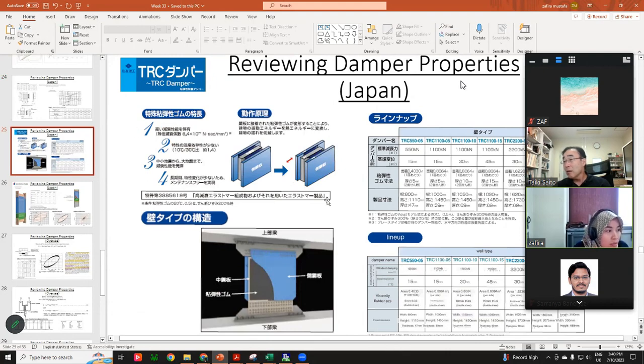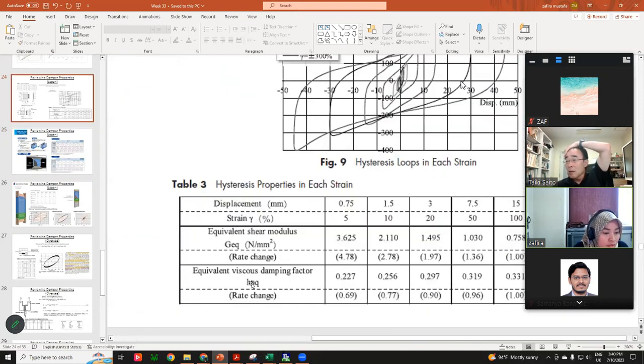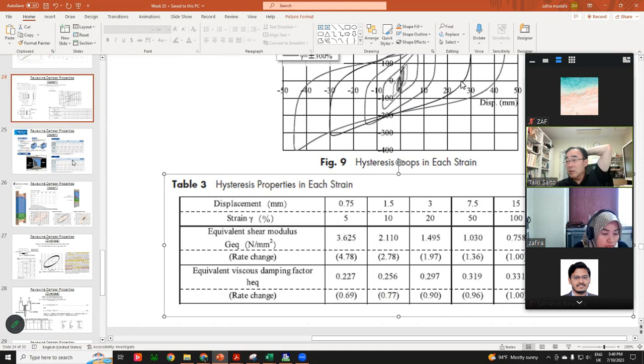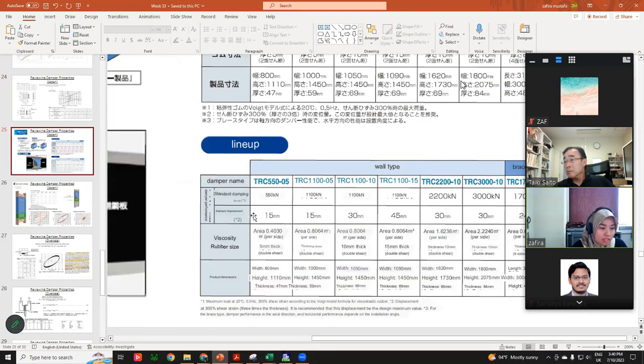But in this paper, they also talk about the equivalent shear modulus and viscous damping factor. Maybe because this is from a paper, they discuss more details. But in the catalog, they just mention the properties, the size, and how much capacity it can take.